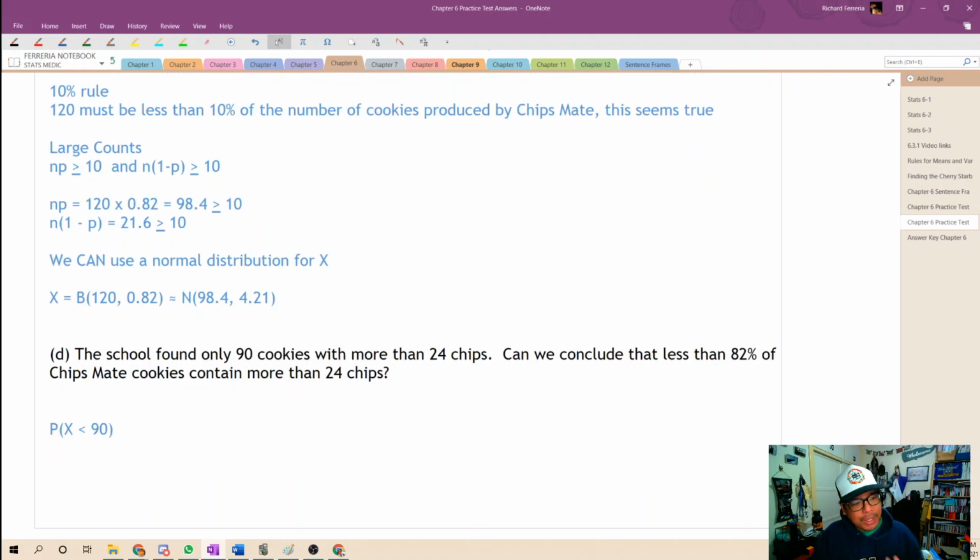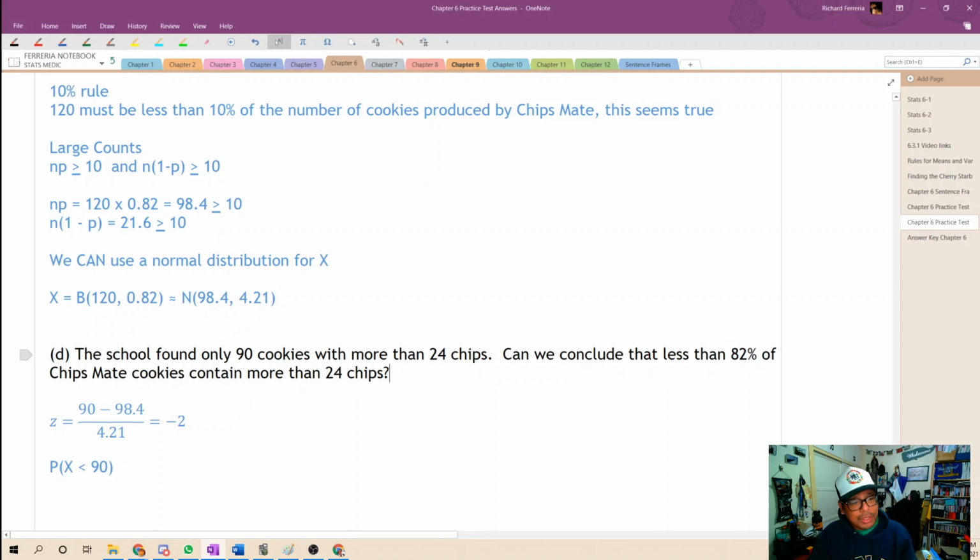So if x is the number of cookies in a sample of 120 with 24 or more chips, what's the probability that x is less than 90? And we can use a normal distribution for this. Our z-score is going to be 90 minus 98.4, divided by 4.21.